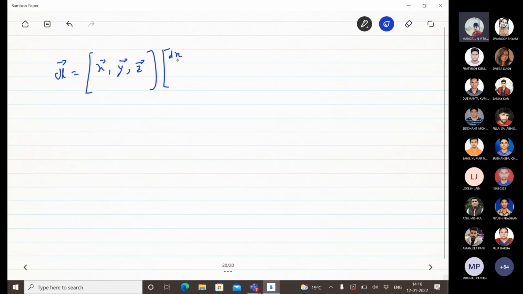Please note that these are the variables, and these are the vectors, so don't be confused between them. What are x, y, and z? x is nothing but 1, 0, 0. y is 0, 1, 0. And z is 0, 0, 1.